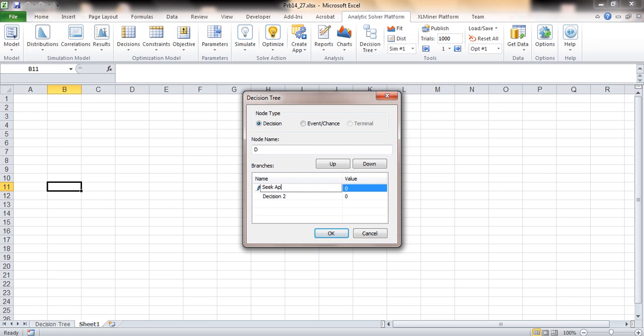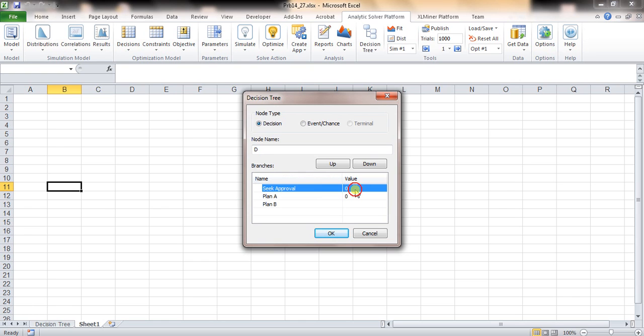First one is seek approval first, and the second alternative would be to go with plan A immediately, and the third alternative would be to go with plan B immediately.